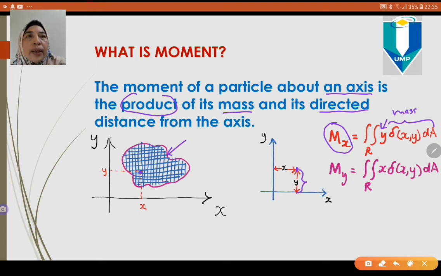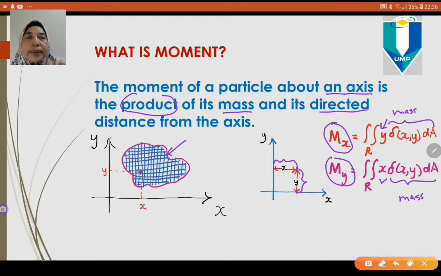For My, we multiply with the mass. The mass is the density function times the area, and the distance from the y-axis. You notice that the distance from the y-axis is the x value. So remember, don't get confused.